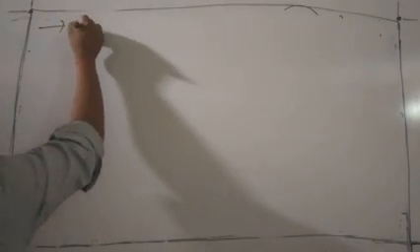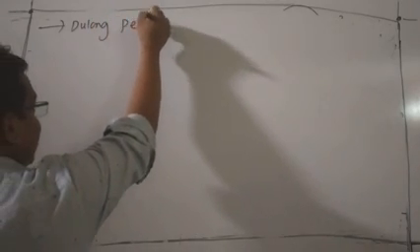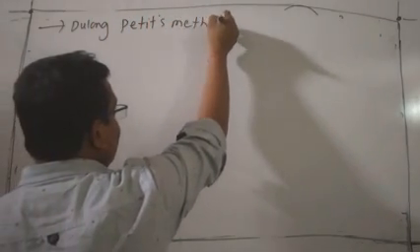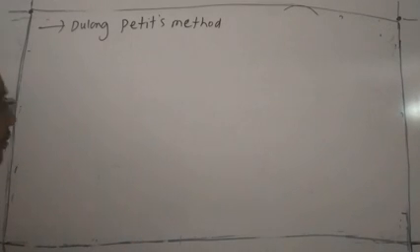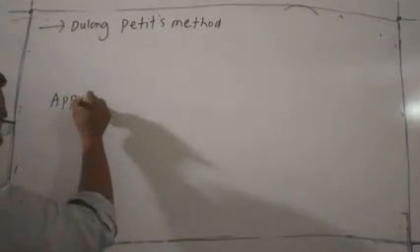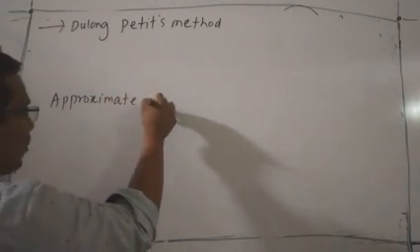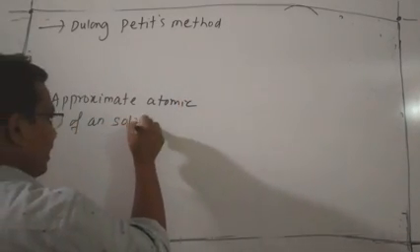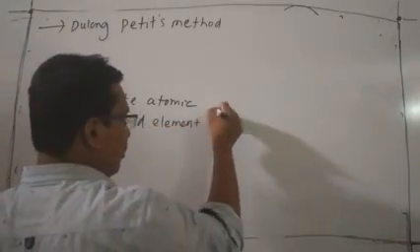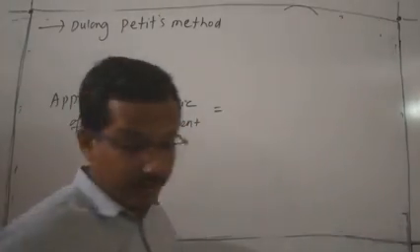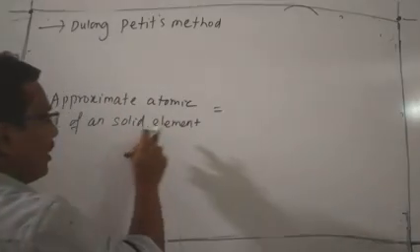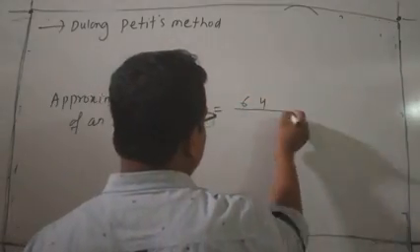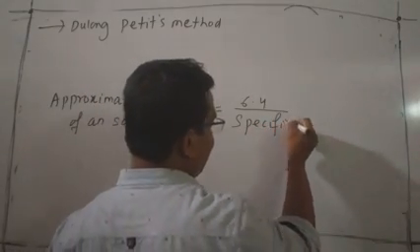Method number 3, the Dulong-Petit method, was proposed by the scientists Dulong and Petit. They conducted many experiments and observed that the approximate atomic mass of a solid element is equal to 6.4 divided by specific heat.